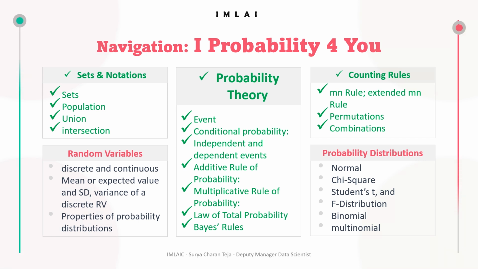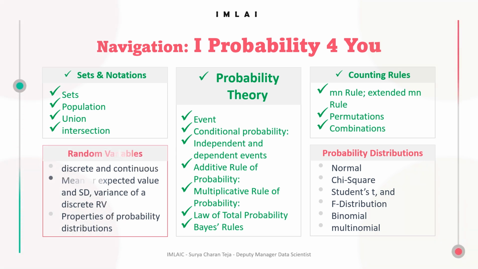Then we will be moving on to random variables. So now we'll be looking into random variables. In random variables, we will be covering discrete and continuous random variables, mean or expected value, standard deviation and variance of a discrete random variable, and properties of probability distributions.